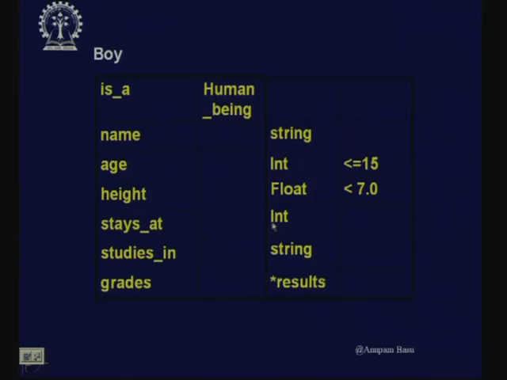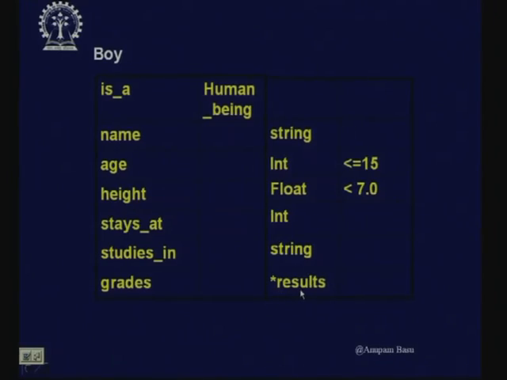So, if you need a particular value to be computed for some inference, that particular predicate will tell you how you can compute it. And if added predicates are used to check the constraints on the values, that can be used for consistency checking also.